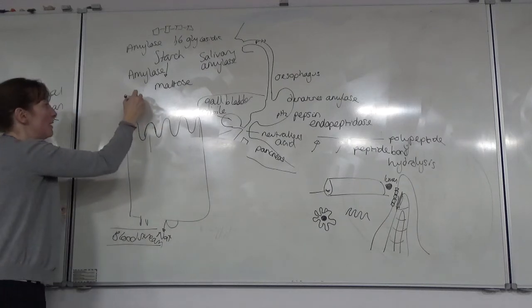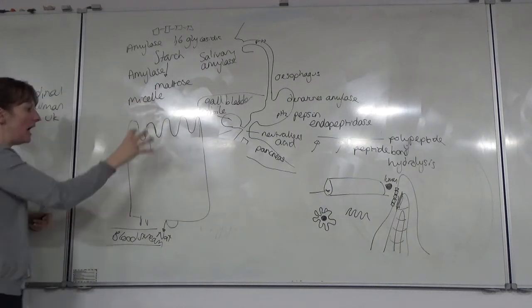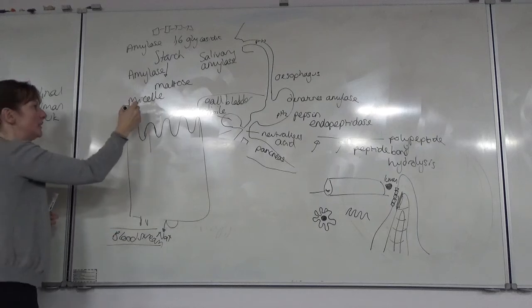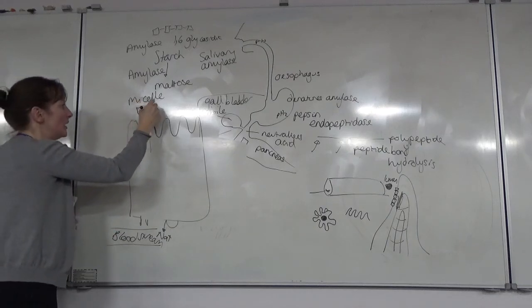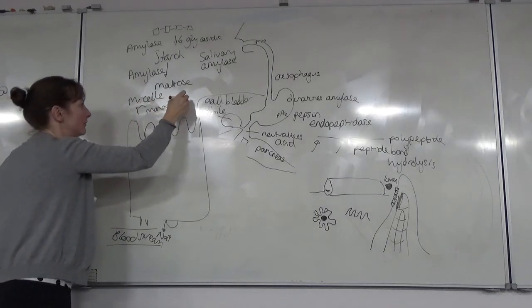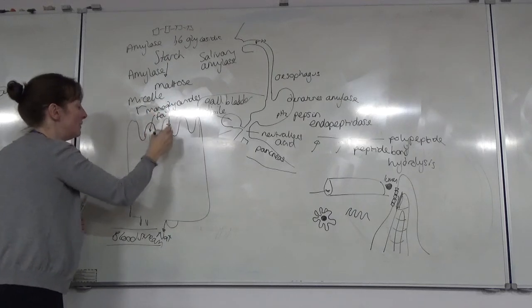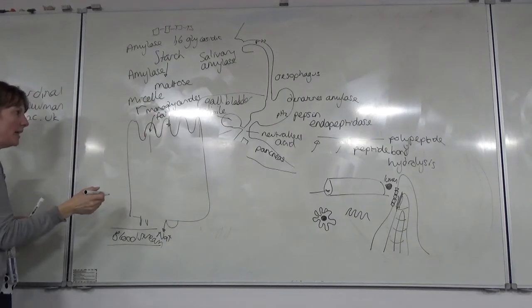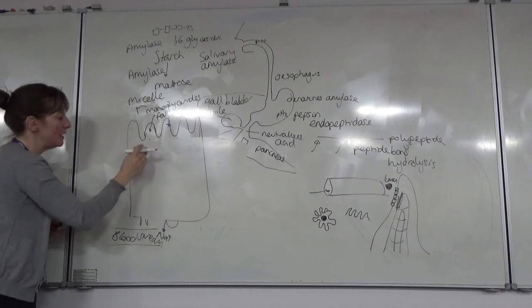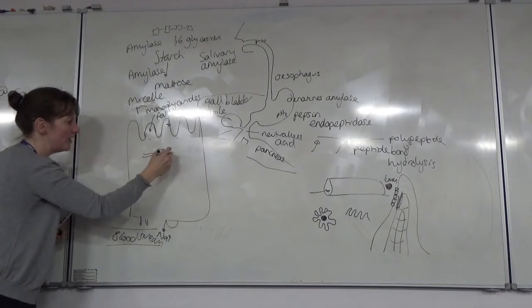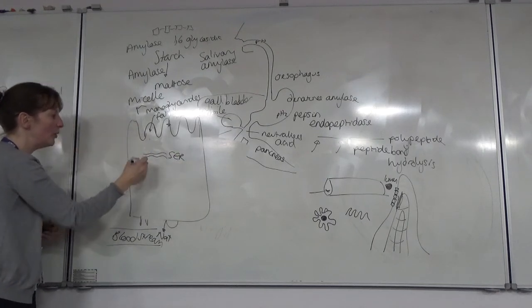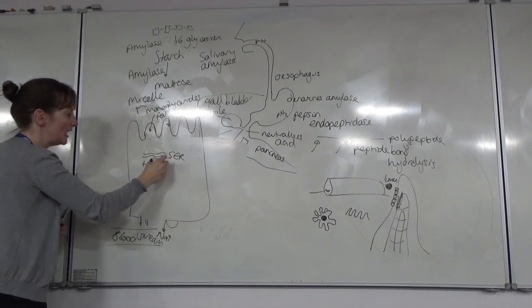So what will happen is the micelle will arrive at the cell, it will dissociate back into its monoglycerides and fatty acids. They will then diffuse through the phospholipid bilayer between the phospholipids. They will then be processed by the smooth endoplasmic reticulum, which will put them back together to make triglycerides.